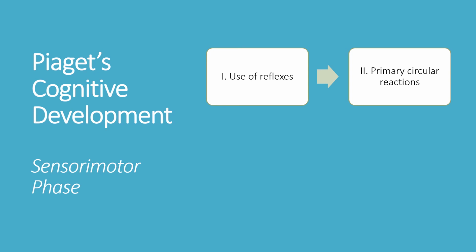Now they associate the nipple with the parent's voice. They accommodate this new piece of information by adapting and ceasing to cry when they hear the voice, even before receiving the nipple. So think of Pavlov's dogs, where the dogs, once they heard the bell, they would start salivating.